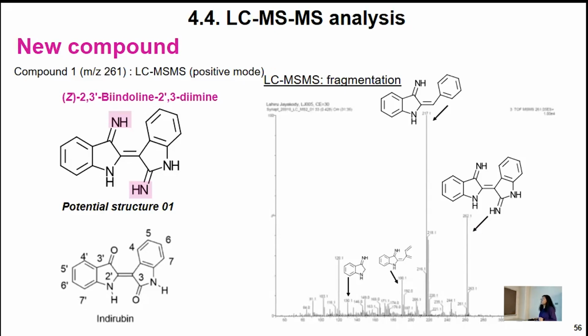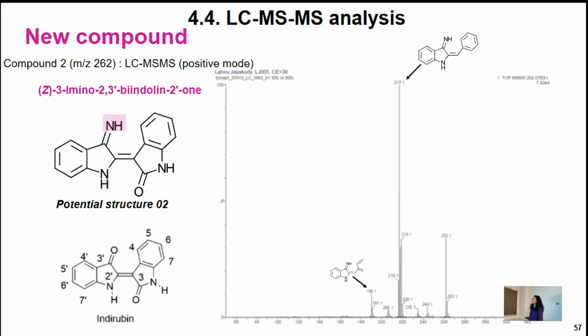This is the fragmentation pattern for the first molecular ion, which had the mass by charge ratio of 261. Based on this fragmentation pattern, this is the potential structure that is predicted. Comparing this with indirubin, you can see 2 NH being added or replaced at the 3' and 3 positions of indirubin.